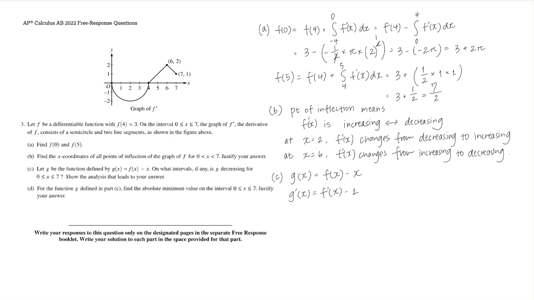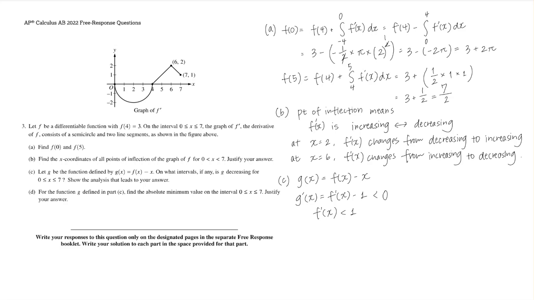The question is asking when g is decreasing, which means g prime has to be negative, so less than 0. So we find that f prime of x has to be less than 1 for g prime of x to be negative and g to be decreasing.